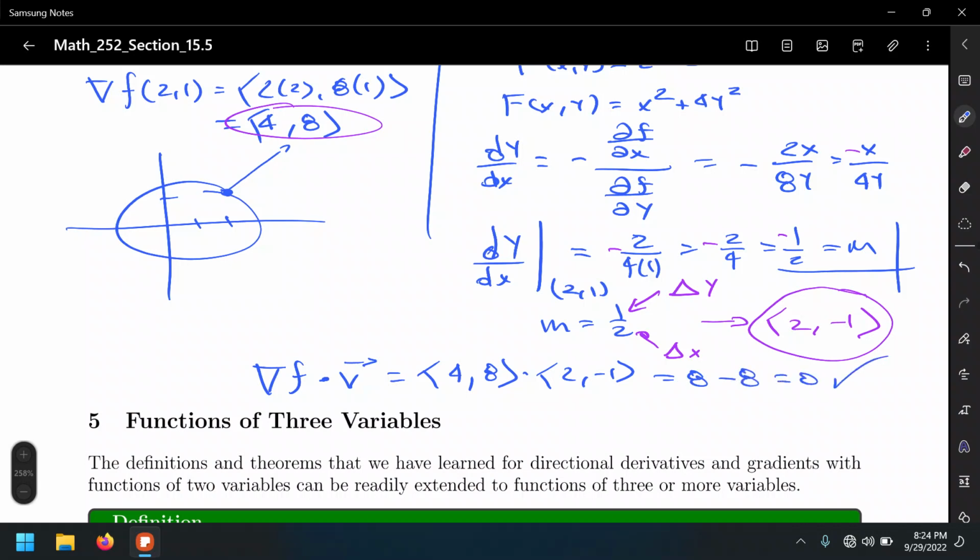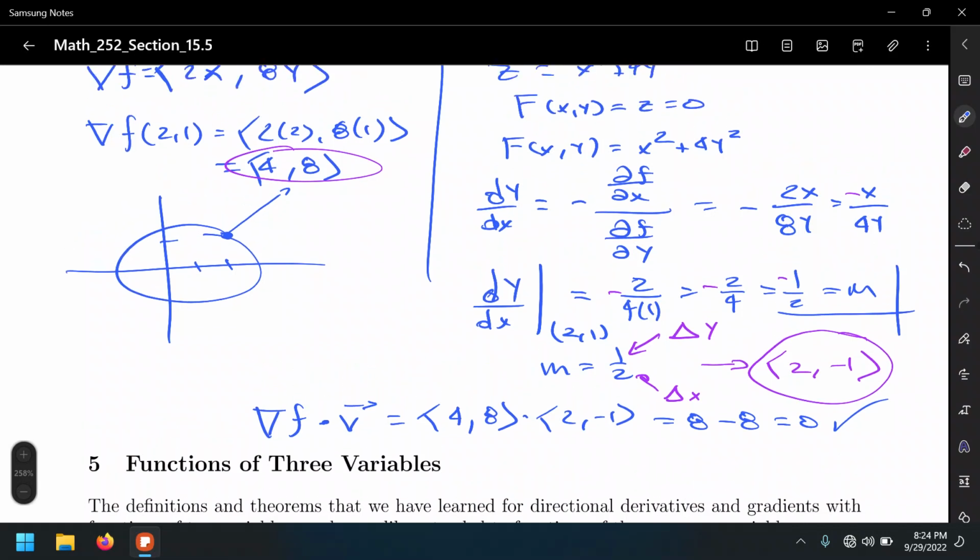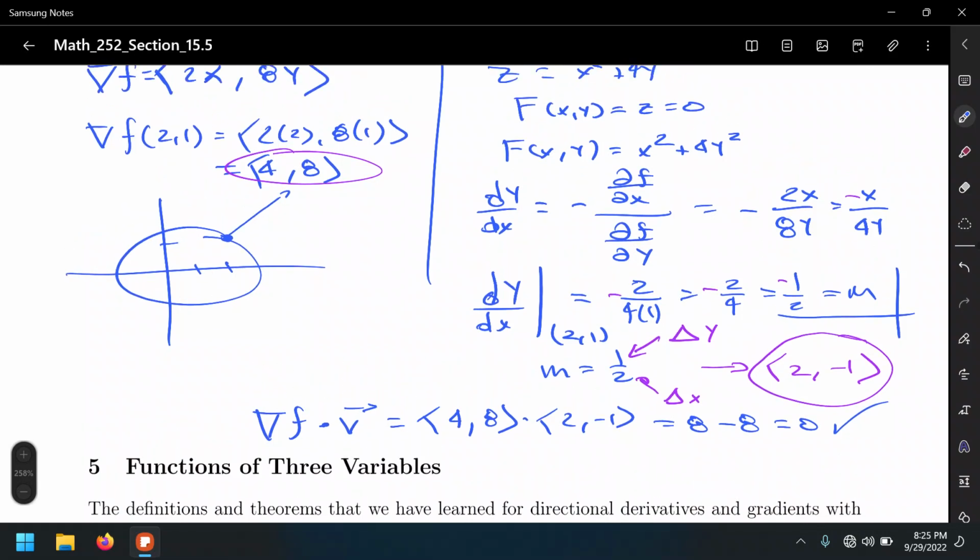And surprise, this is indeed showing us that the gradient vector is orthogonal to the tangent vector.